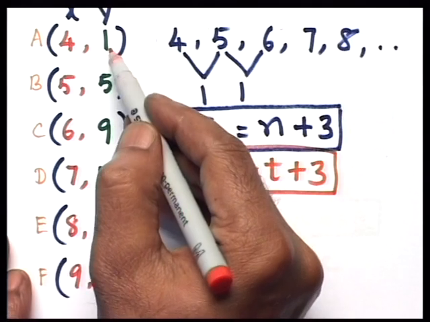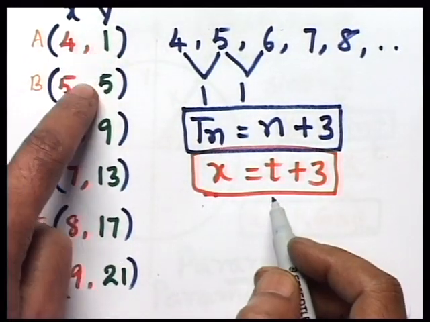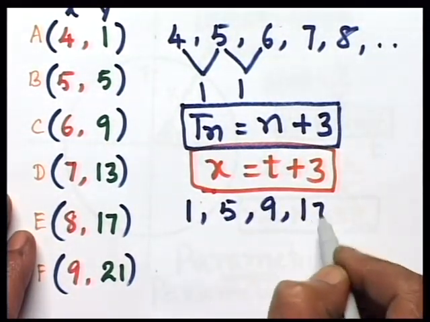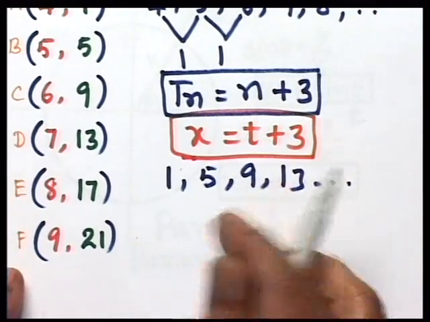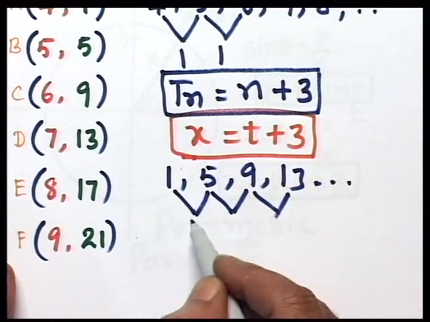Now let's take the y coordinates and study what happens. The y coordinates are 1, 5, 9, 13. And we all know how to find the nth term from C1 or GCSE. The difference is 4 there, right?